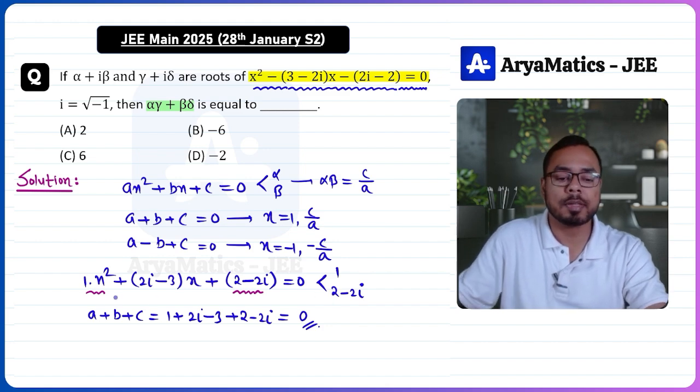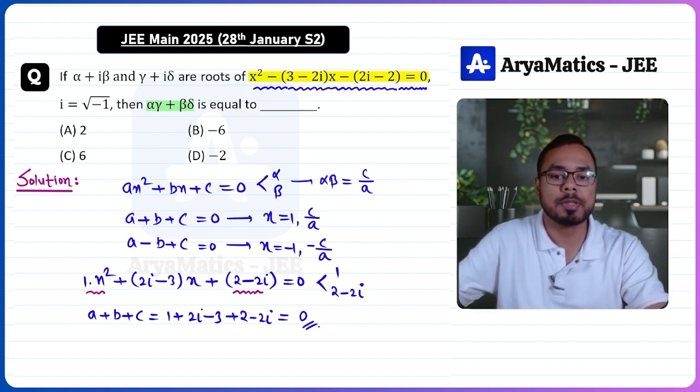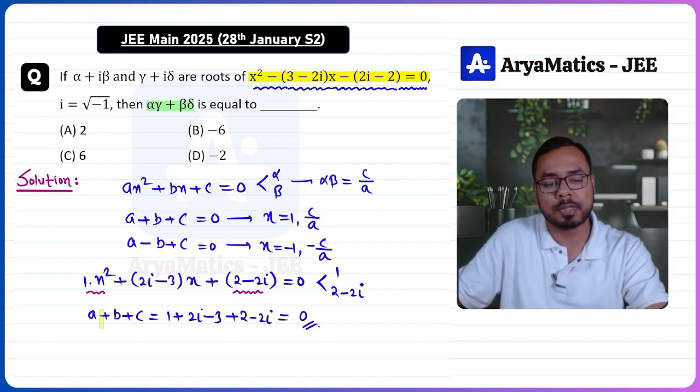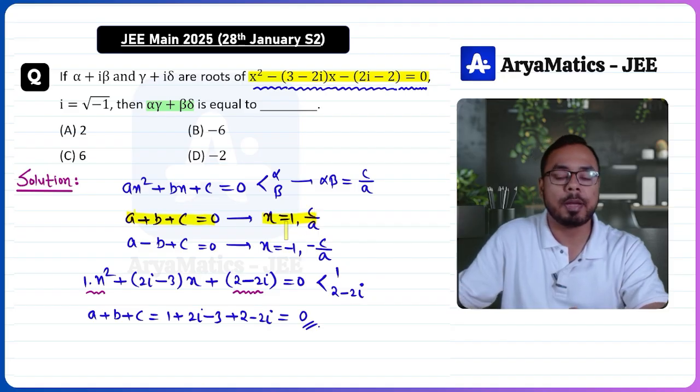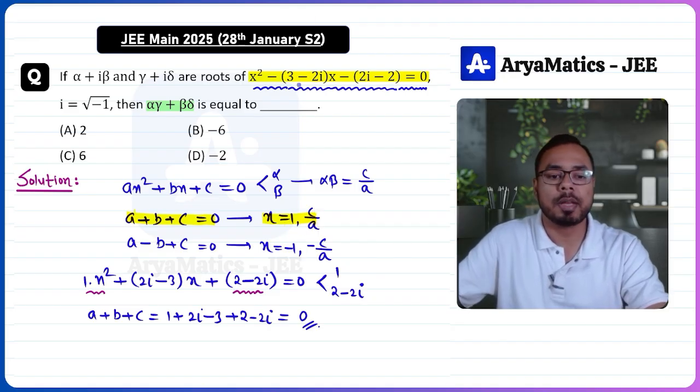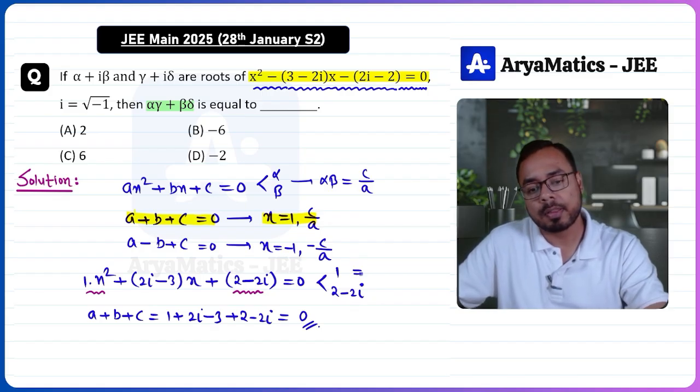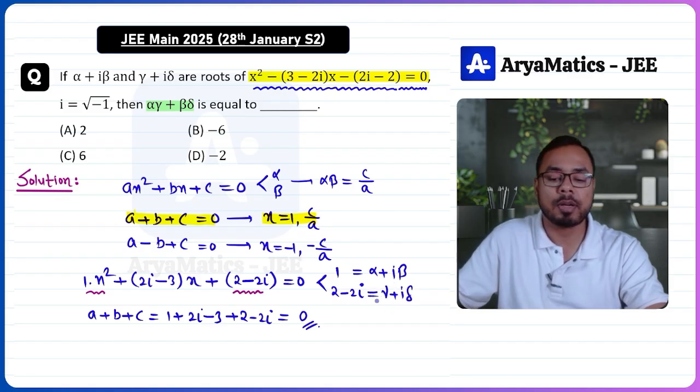So without solving this problem, simply by this observation that because the sum of coefficients is 0, the roots of this quadratic equation must be 1 and c by a. And from there you can easily find the values of alpha, beta, gamma and delta. This first root, let us say, is alpha plus iota beta, and this second root is gamma plus iota delta.